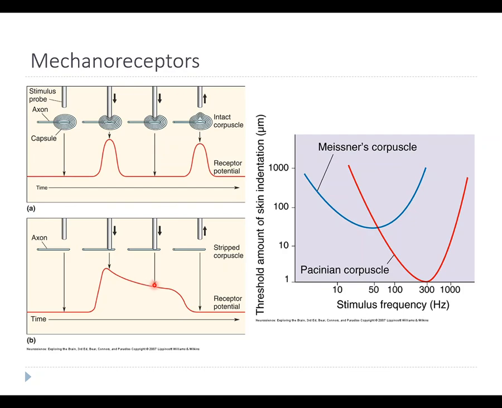I mean, it does drop off, but it's still there as long as the force is applied, and then when the force is removed, the receptor potential returns to rest. So again, it's because of that corpuscle that the axon has different properties from other types of receptors.